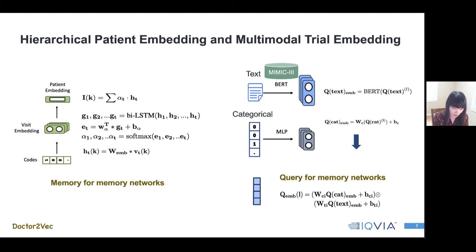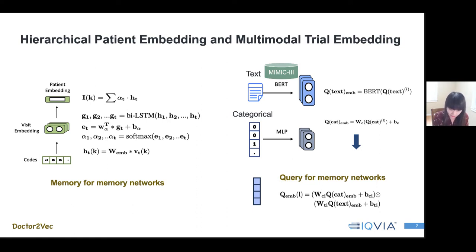For the patient data, they are longitudinal EHR data. They are like a sequence of medical codes. And we pass them through a bidirectional LSTM, and then they become the vectors used as the memory for the memory network. And for the clinical trial data, they come with 2 modalities.